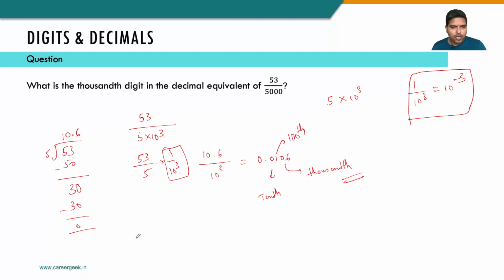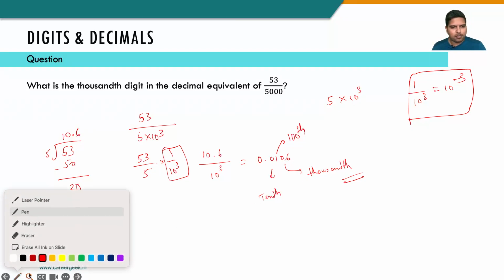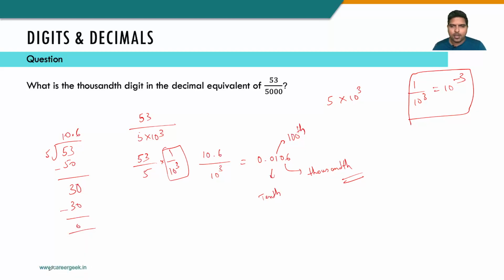Okay, there's a shortcut. I'm not sure if I'll need to introduce it, but I like this shortcut. Whenever there is 5 in the denominator, I try to make it 10. It becomes easy for me. How do I make it 10? I multiply by 2. So I can directly put that many number of decimals.